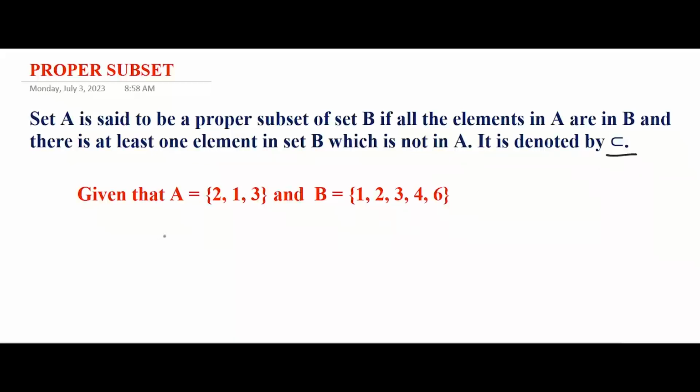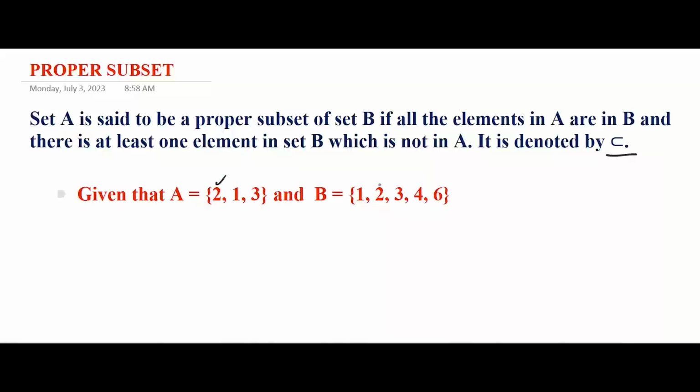So let's look into the given example. For you to have a proper subset, 2 conditions must be met. The first condition is that all the elements in set A must be in set B. We must see that. So let's look at it.